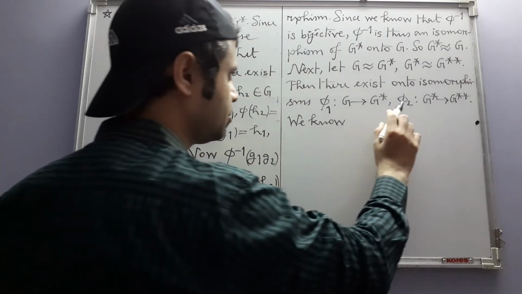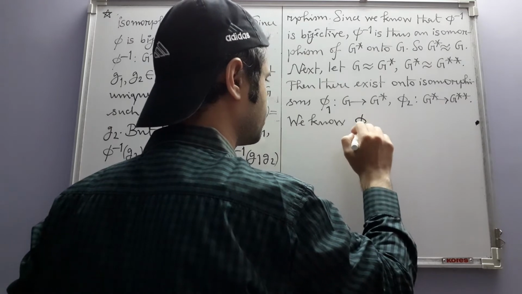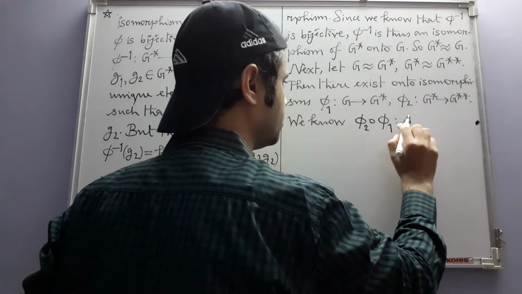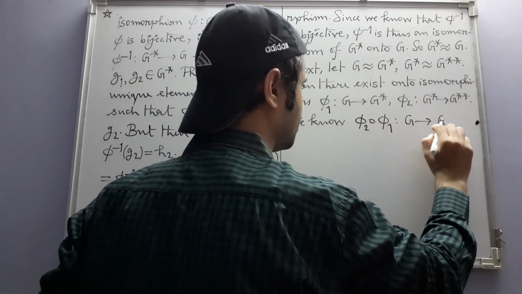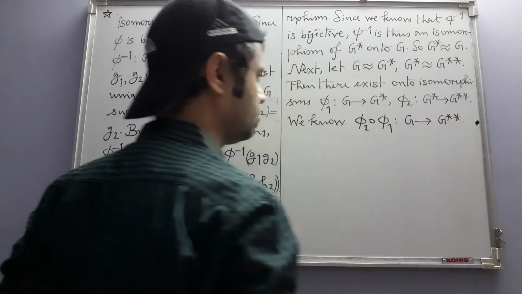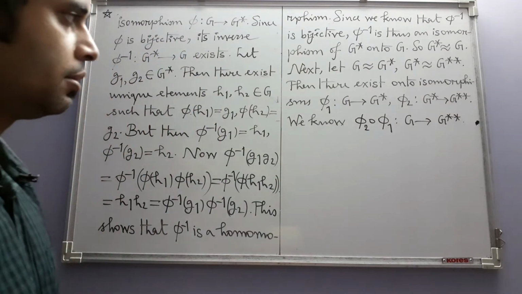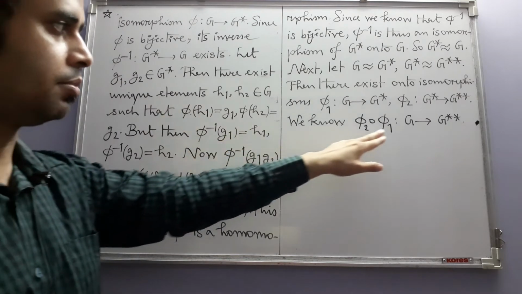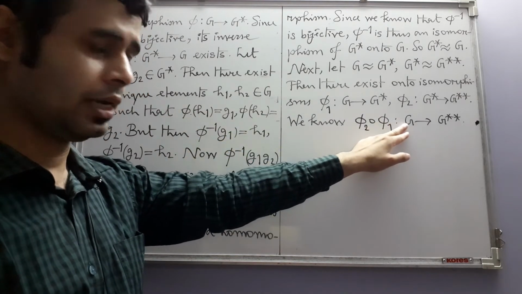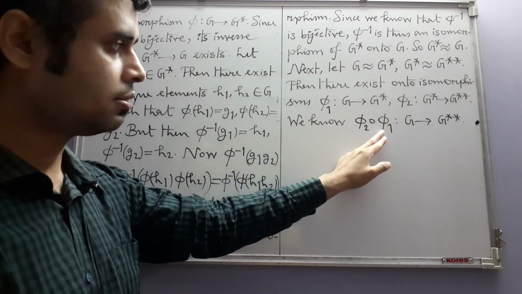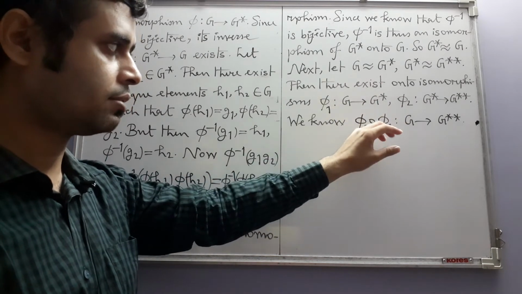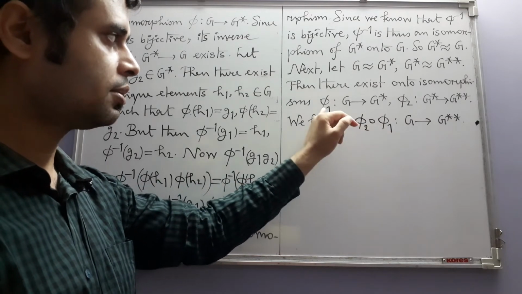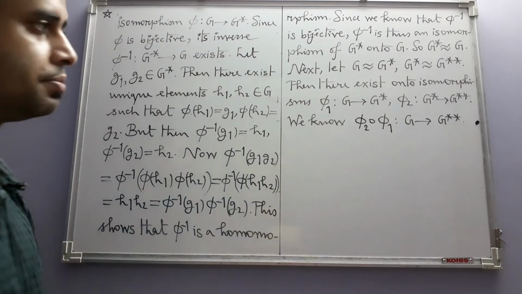So here I have to change the order. Phi 2 composition phi 1, that will be our mapping from G to G double star. Why? Because since I am writing arguments to the right of the map, there I will be able to first apply phi 1 and then on that result I can apply phi 2. If I write arguments to the left, then I don't have to change the order.